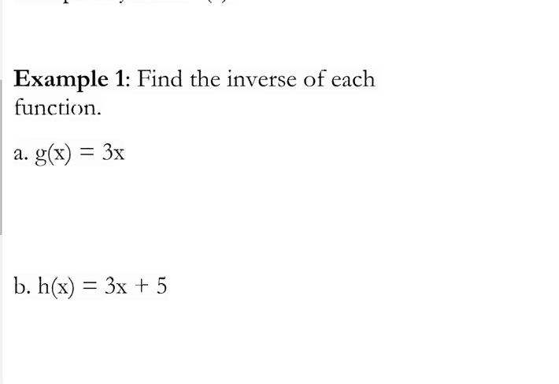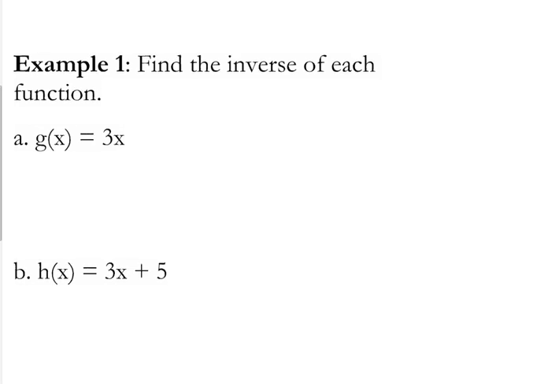So our first step is to switch x and y. That means we're going to replace g of x, which is another way of saying y, with an x, and we're going to replace the x with a y. And then we're trying to solve for y. We're trying to get y by itself. So how do we get y by itself right here? Divide by 3. Divide both sides by 3.